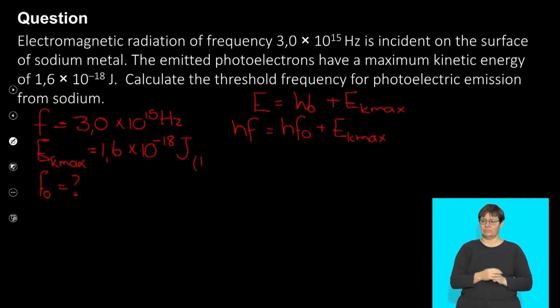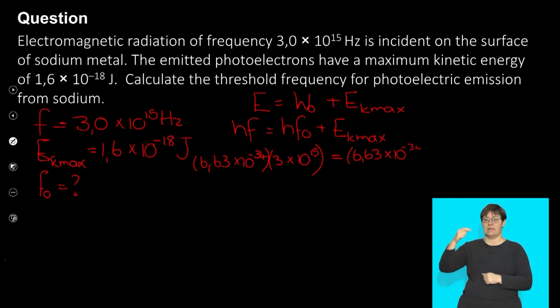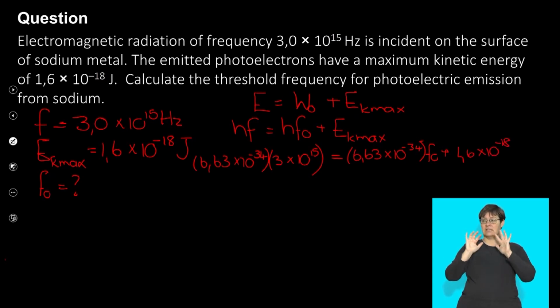H is 6,63 times 10 to the minus 34. F is 3 times 10 to the 15. That's going to be equal to 6,63 times 10 to the minus 34 times FO plus 1,6 times 10 to the minus 18.